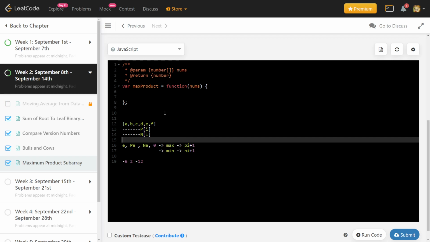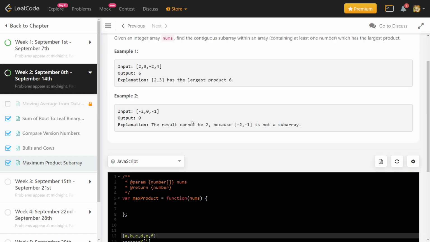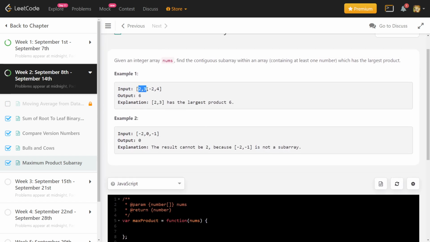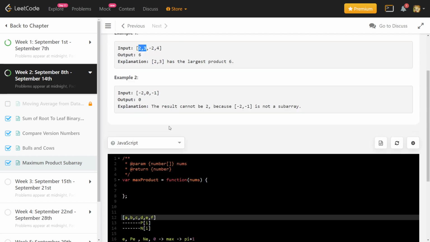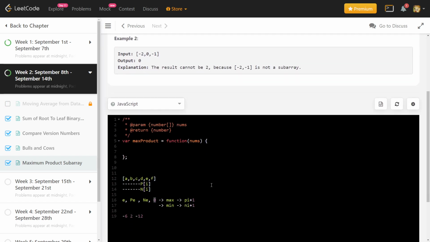So you need to take care that if you are not able to make a negative product at a particular place, then you need to make it 0. For example, if you look at 2 and 3, till here you can't make anything negative, so for that we have 0 here, right? So this is what we will try to do.